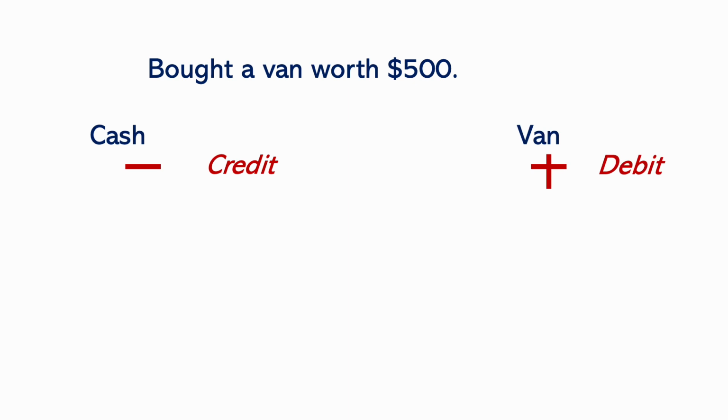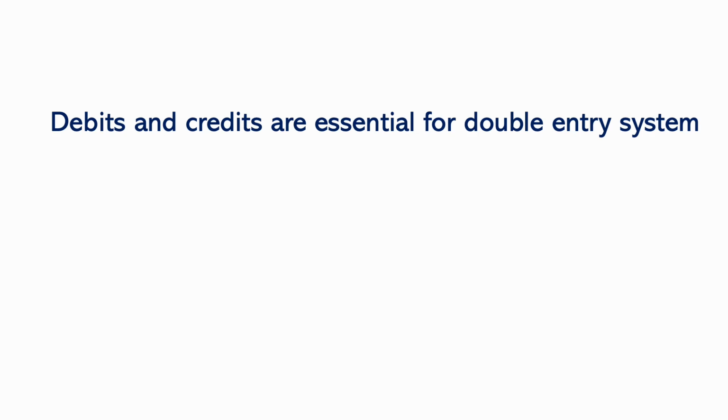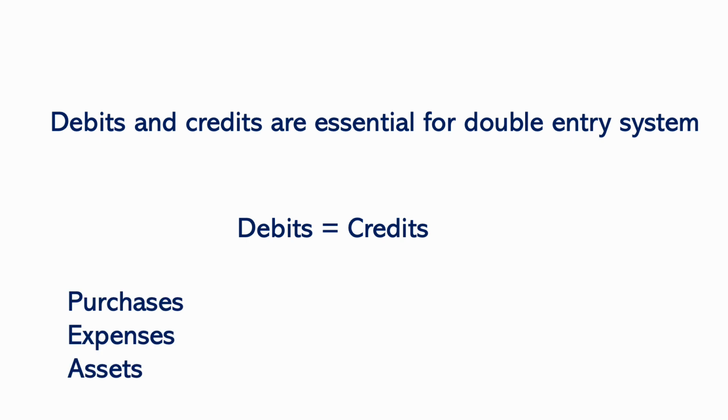I'm sure by now you understand that credits and debits are essential for the double entry system. In the double entry system, debits should be equal to credits. Debits are purchases, expenses, and assets, whilst credits are revenue, liabilities, and sales. Here's an easy way to remember debits and credits.